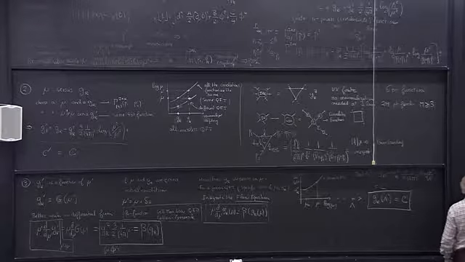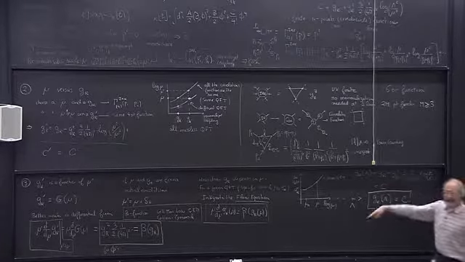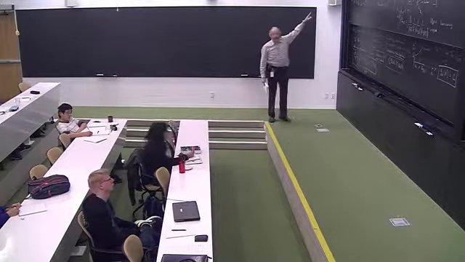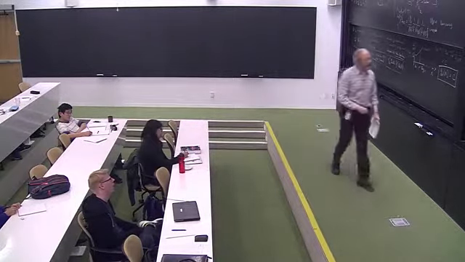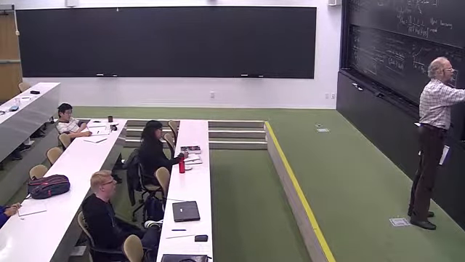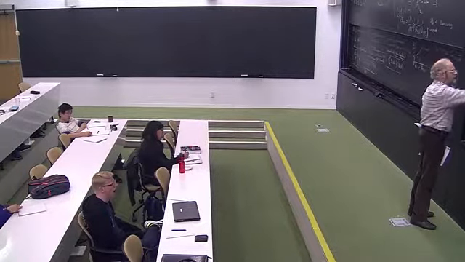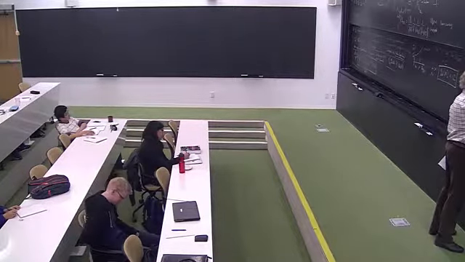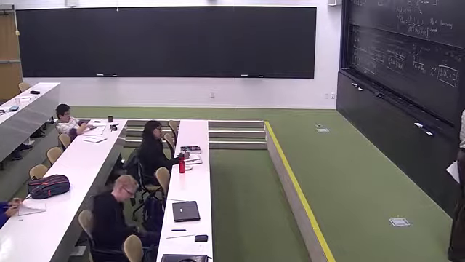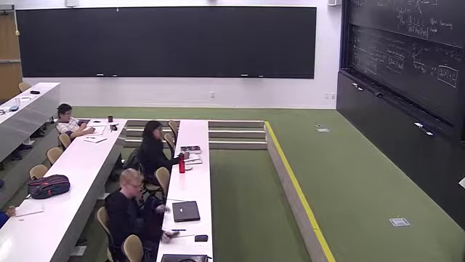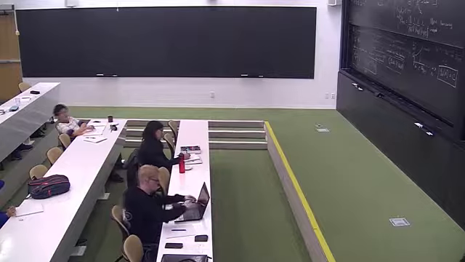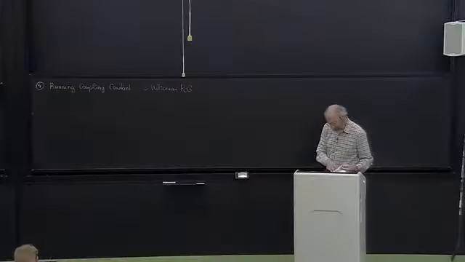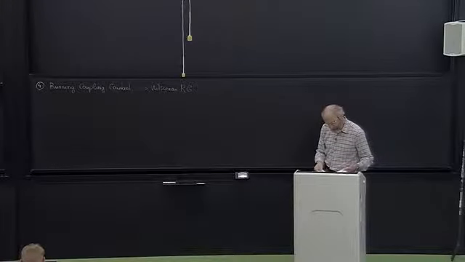Now, the consequence of this calculation, or rather something that is contained in it, is a concept of running coupling constant. And this is going to make some relation with the Wilsonian renormalization group.